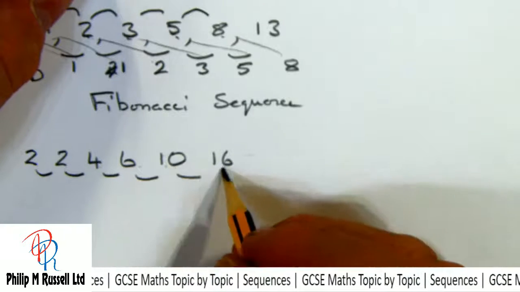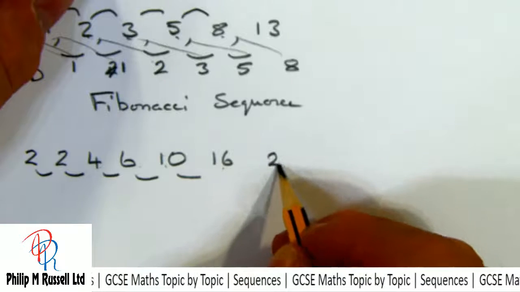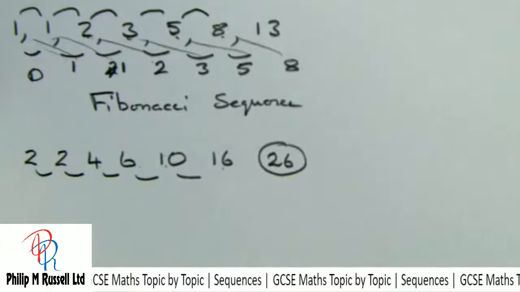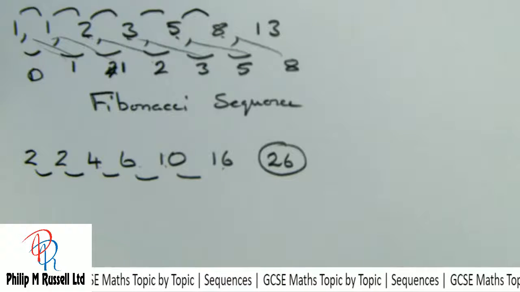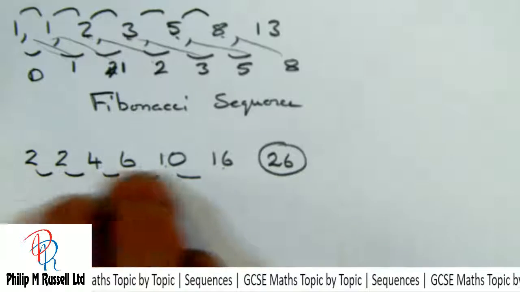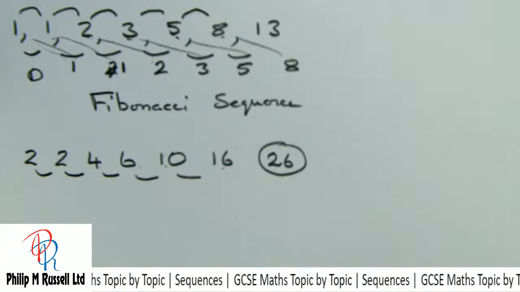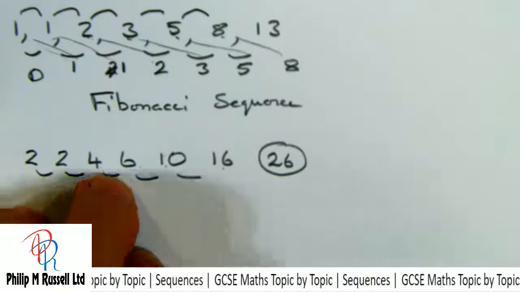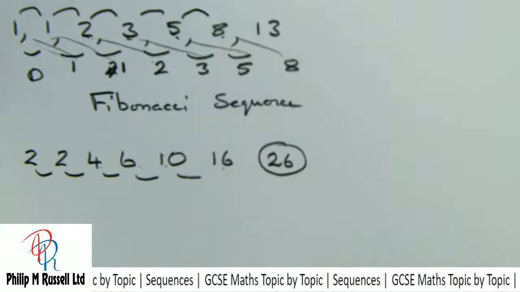So 10 and 16 would give me my next number, which is 26. We can work out a Fibonacci sequence here by simply adding the previous two numbers together.